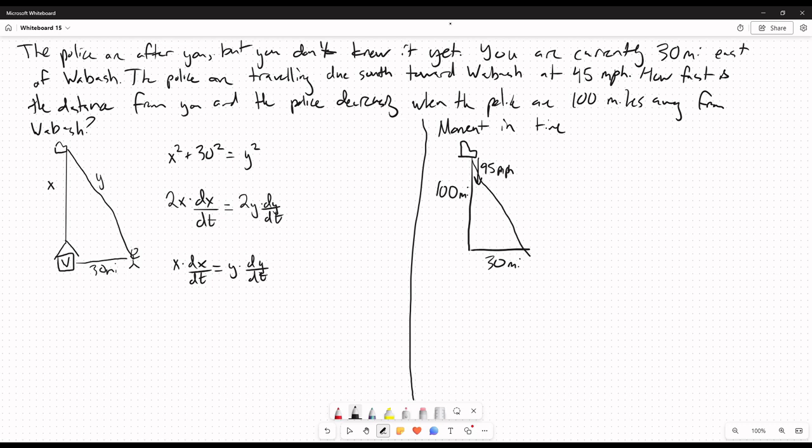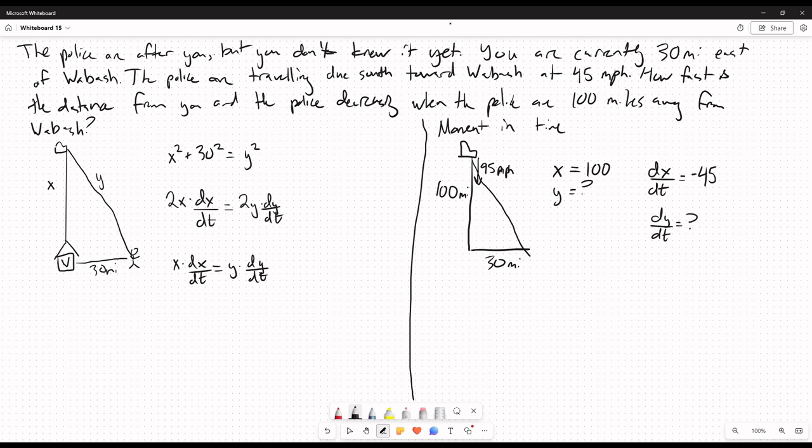Looking at my original picture, this tells me that x equals 100. I don't have y exactly yet, but we can find it. We also know that dx/dt, this distance of x, is shrinking at a rate of 45 miles per hour. So it's going to have a rate of change of negative 45. And dy/dt is what I'm actually solving for.